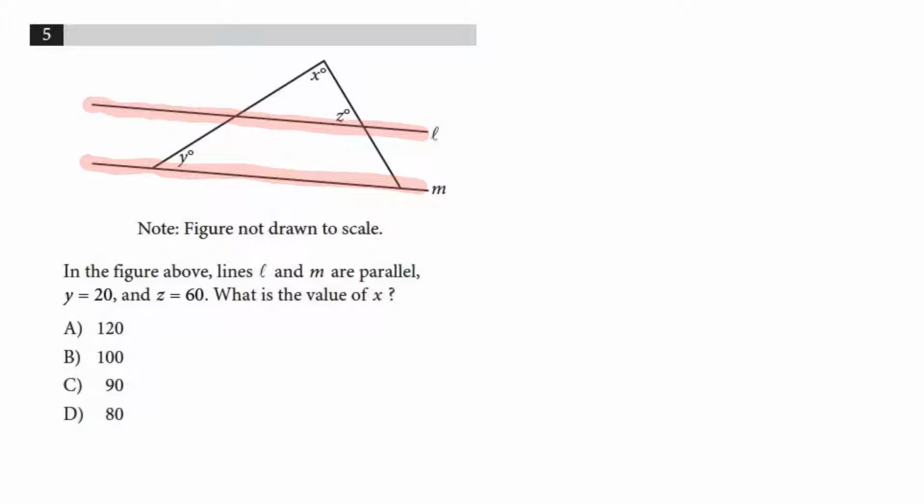I can see that this angle Y and this angle here in the top triangle are corresponding, so I know that this angle equals Y. And I also know that X plus Y plus Z needs to equal 180.